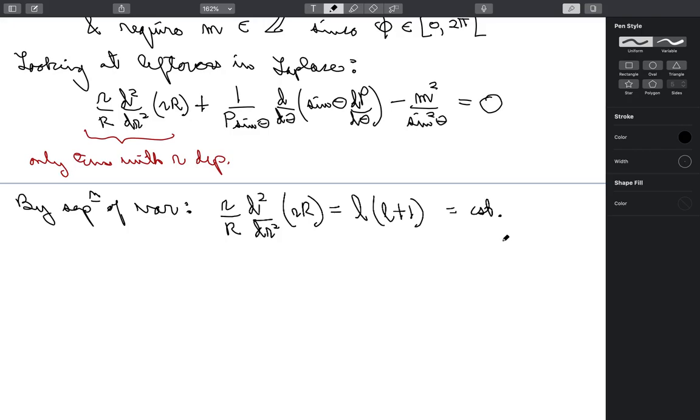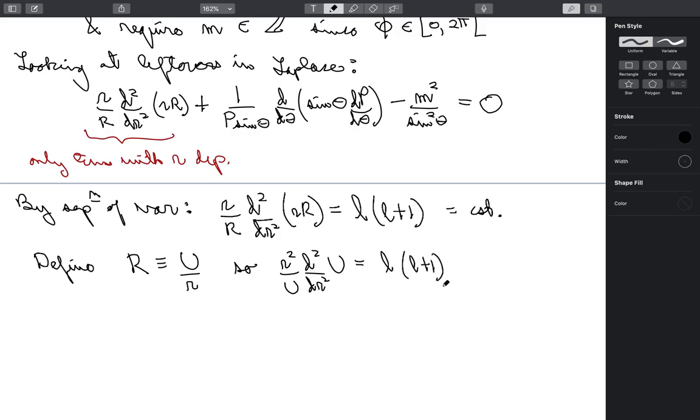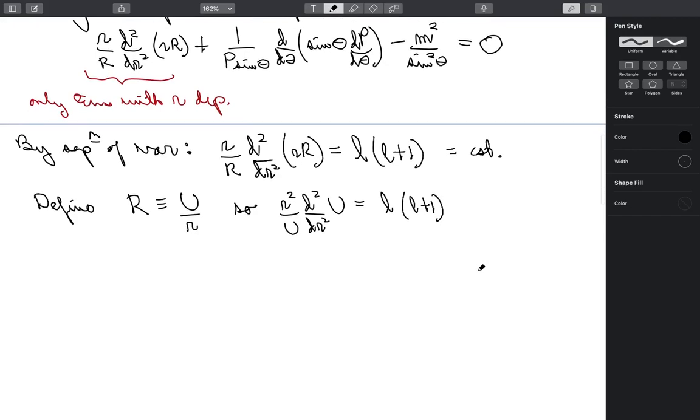So what can we do with this? The R is a convenient combination here. So we could define big R to be equal to some other function u divided by little r. What we get is an equation that says r squared divided by u, and now the second derivative with respect to r of u, is equal to l(l+1).